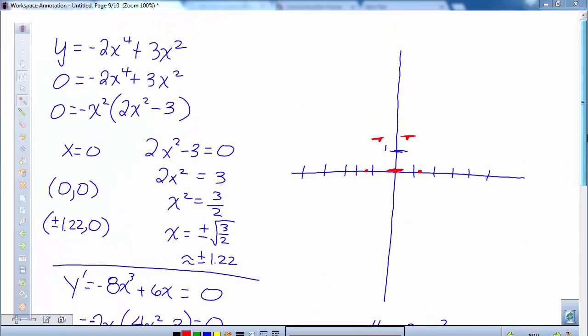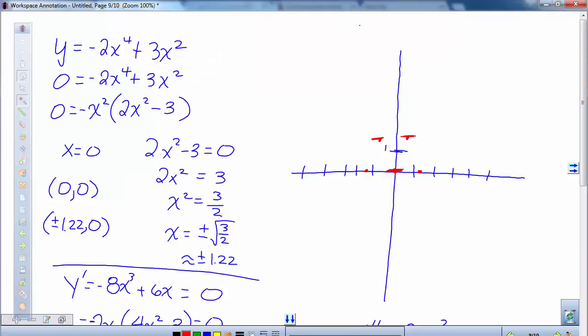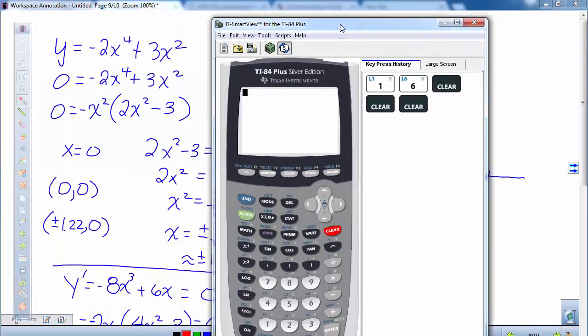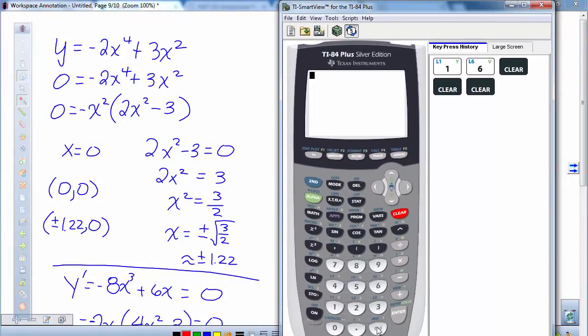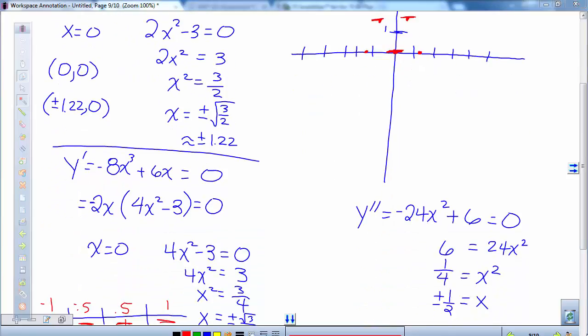Okay, our original function was minus 2x to the 4th. Okay, 0.625. I heard that from 2 people, so that's great.